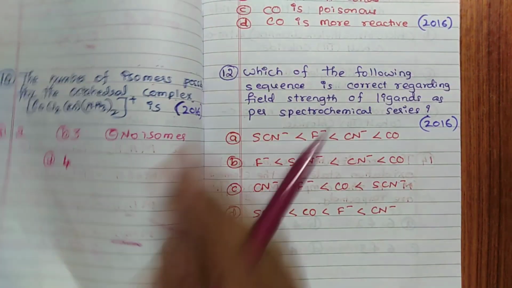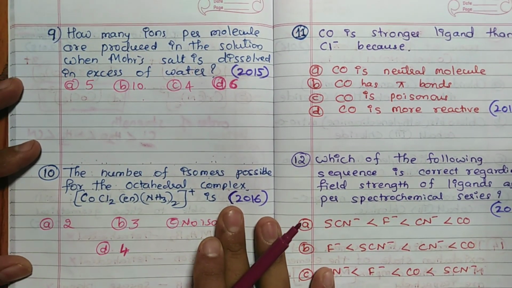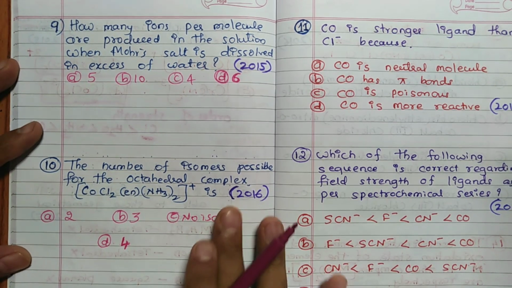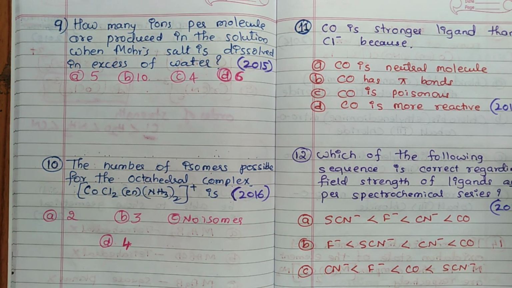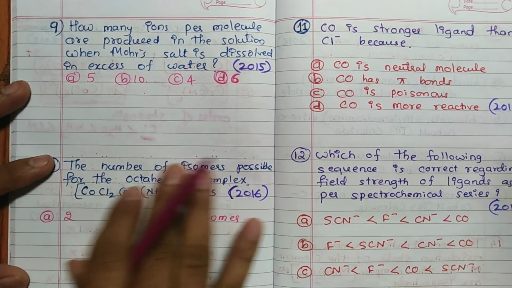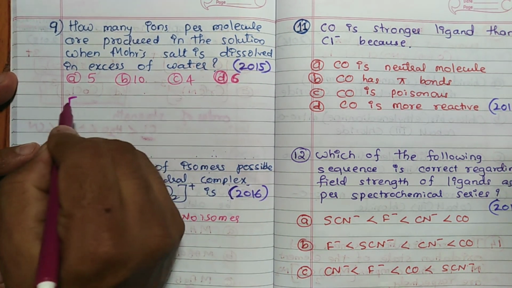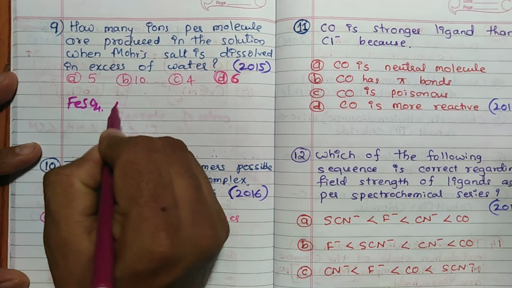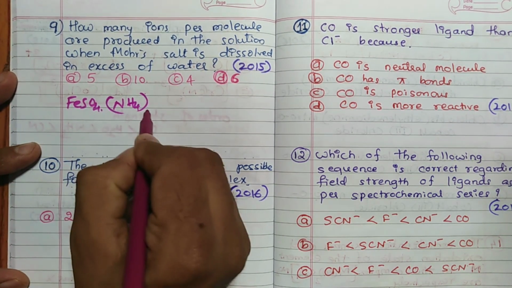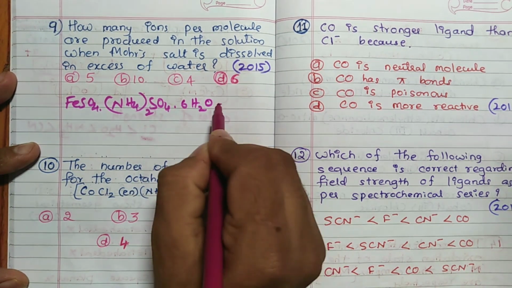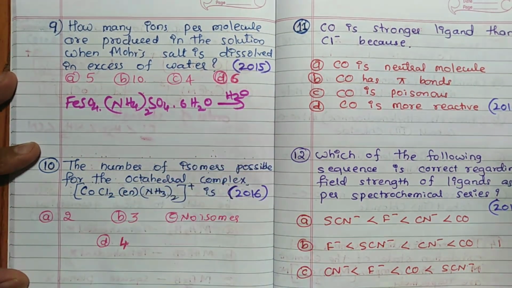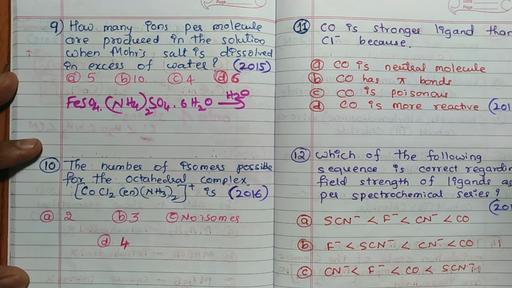Then the 9th question. How many ions per molecule are produced in the solution when Mohr's salt is dissolved in excess of water? What is the formula of Mohr's salt? You have to remember. That is FeSO4·(NH4)2SO4·6H2O. When it is dissolved in water, how many ions are formed? They are asking, correct?